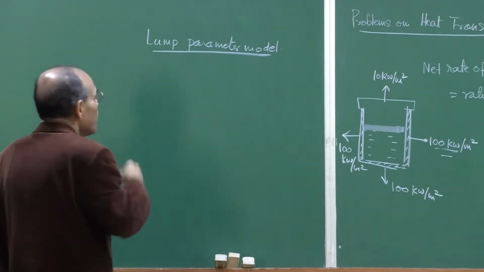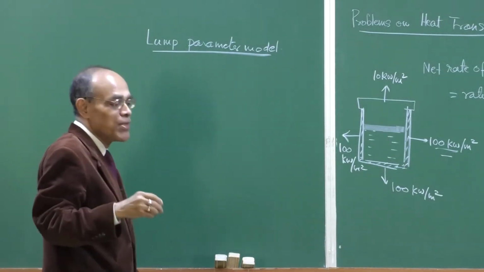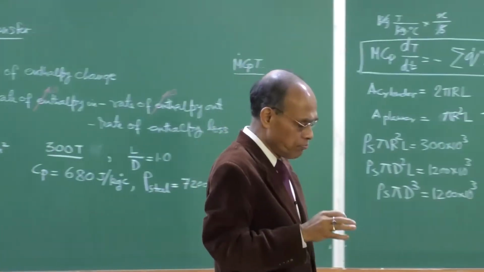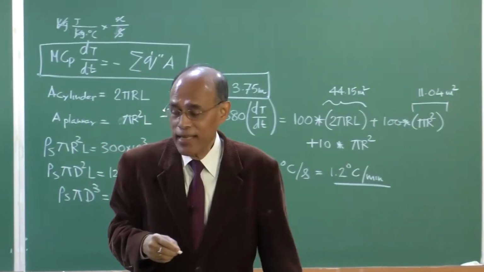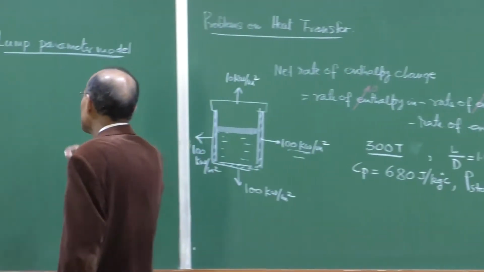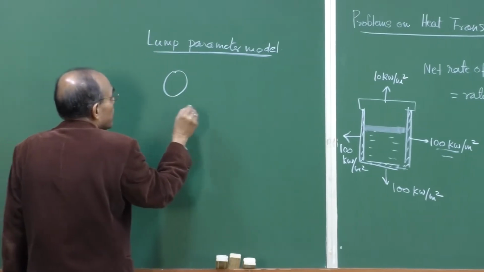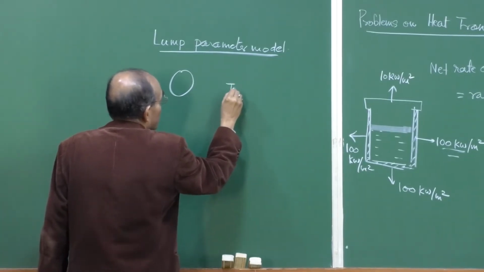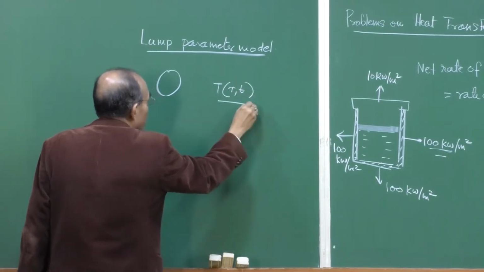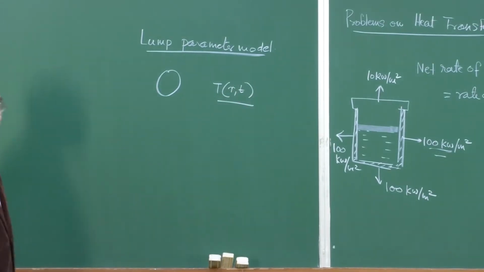Now, a lump parameter model basically is used when we assume that there is a negligible temperature gradient in the system. Typically, suppose you take a sphere, the temperature is going to be a function of the radial distance and time, because the sphere exhibits theta and phi symmetry.